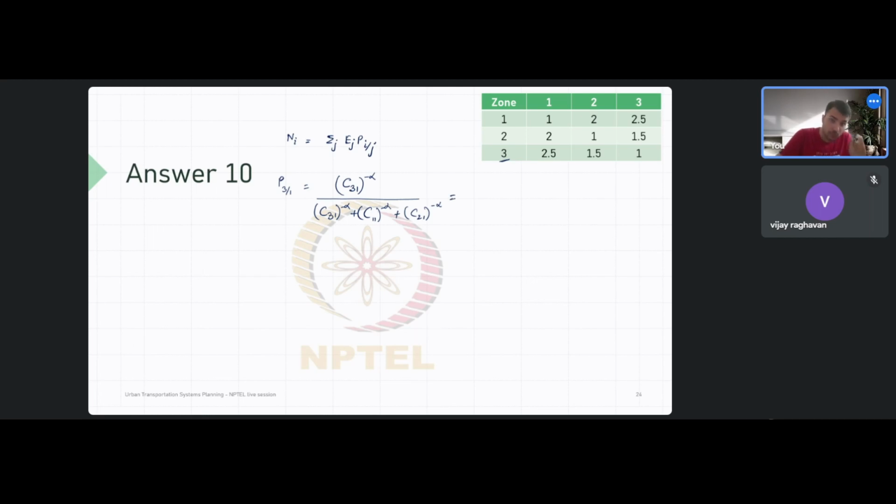So let's see this. C31 is 2.5, power minus 2. Plus C11 is 1 power minus 2, and C21 is 2 power minus 2. Let's find all the values.